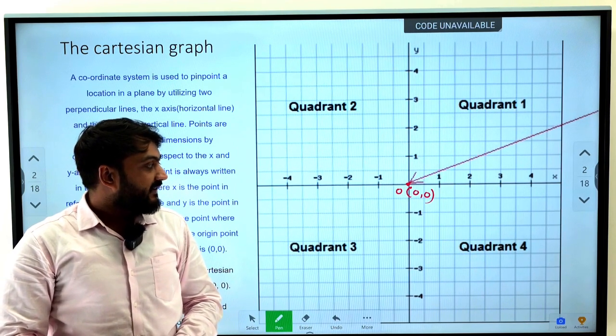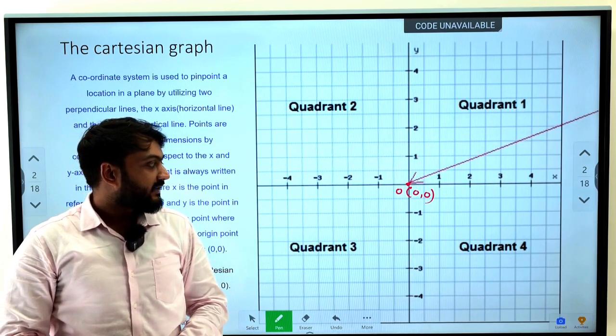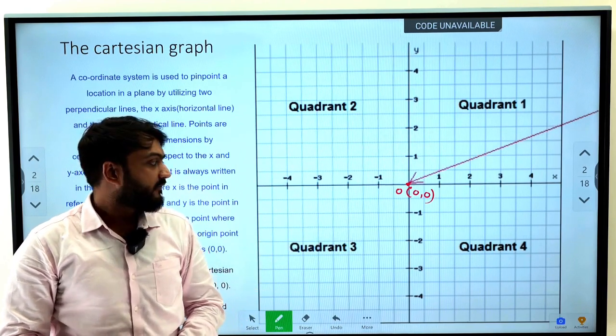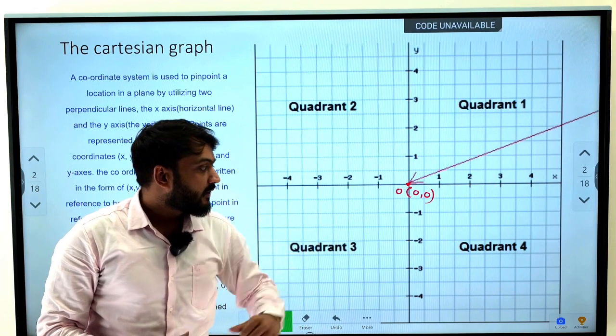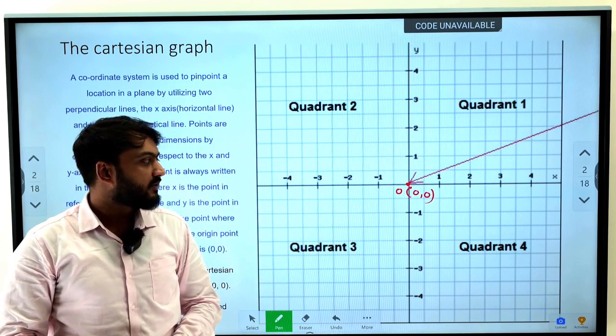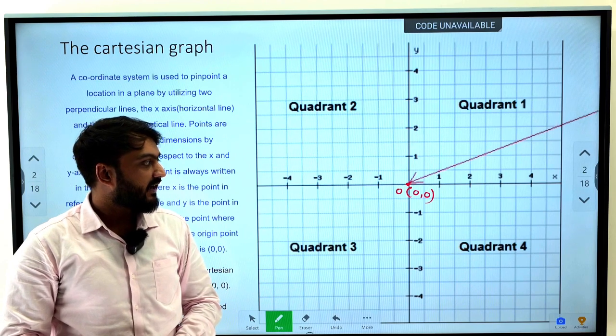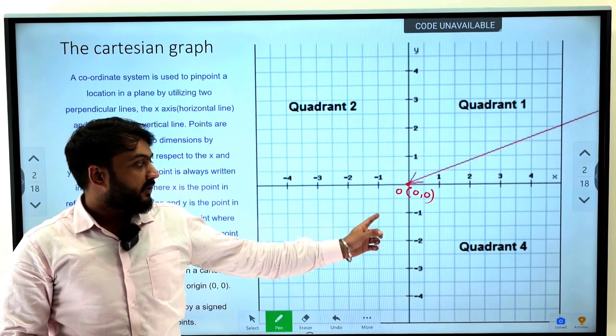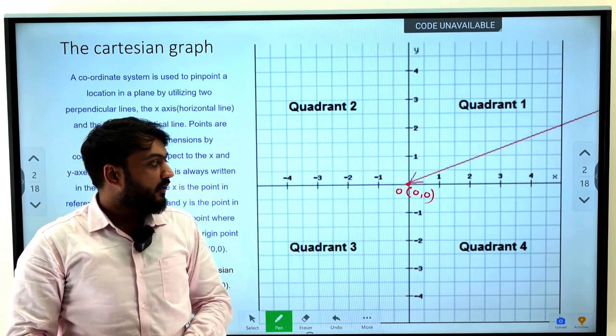Now, when this x-axis and this y-axis intersect, that will be our origin point or the center point for this graph. And as you go right on the horizontal line or the x-axis, you can see the simple number line rules are followed. As you go towards the right, you will see positive numbers in increasing order because you are moving right from the center, or 0.